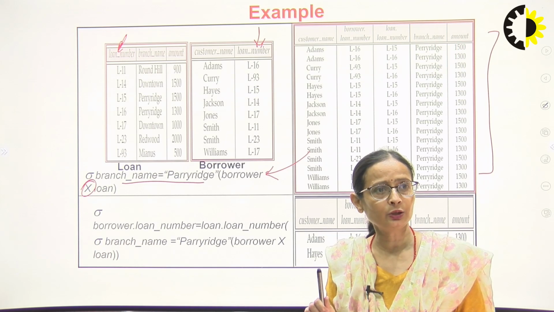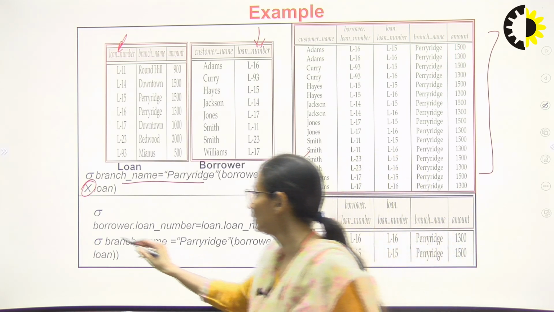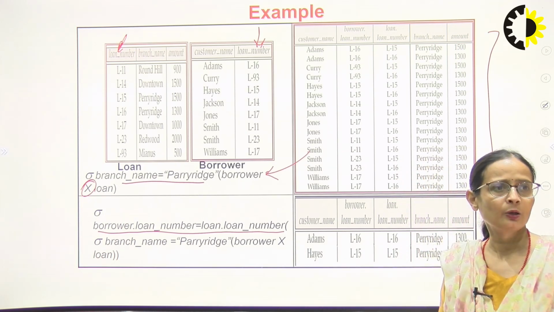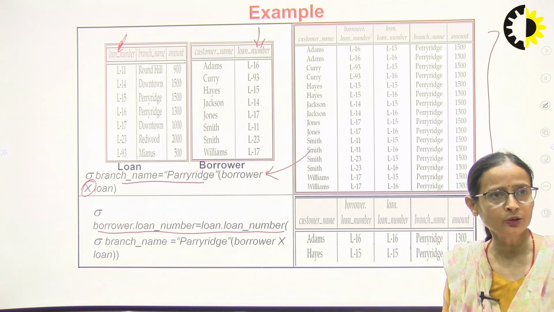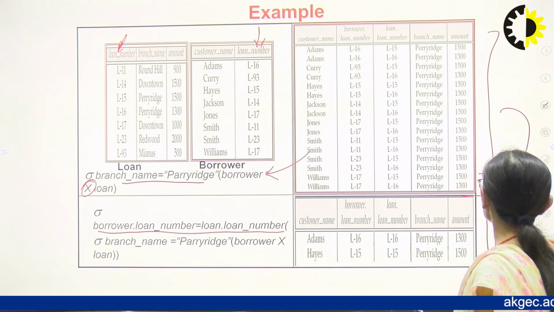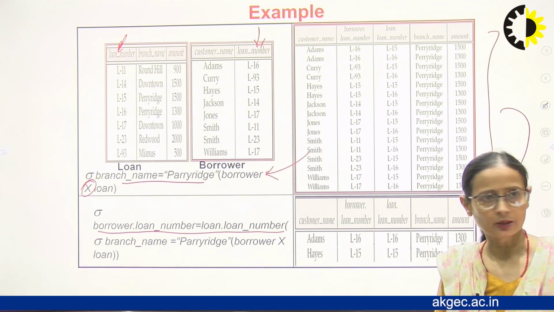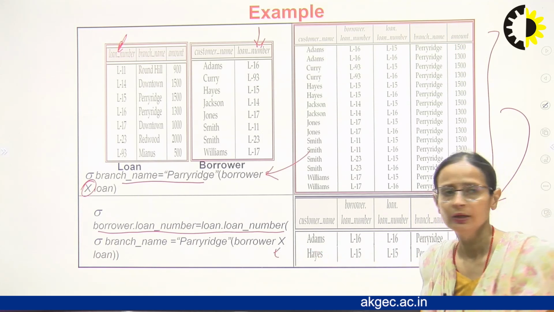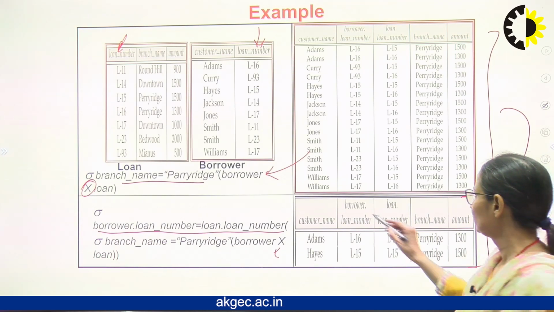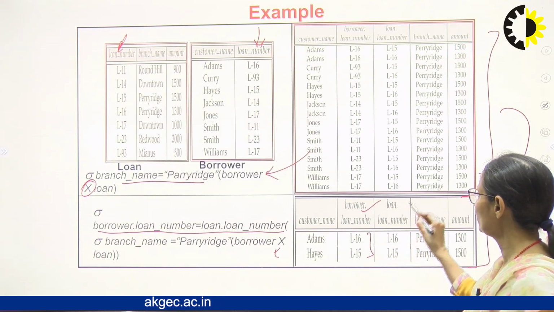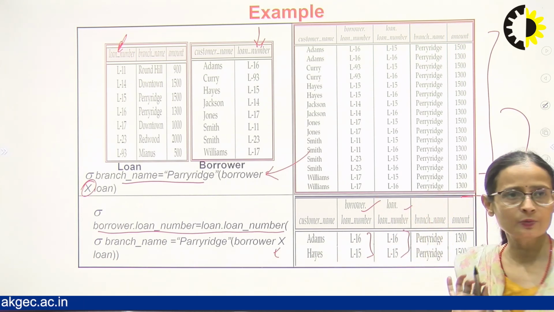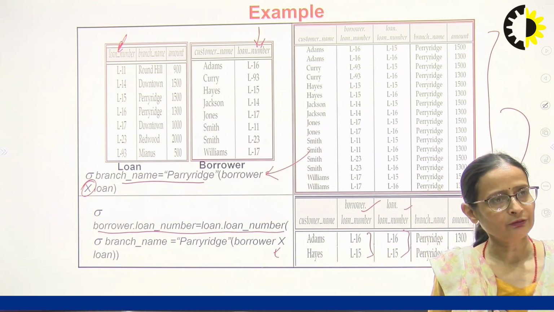So what do we need to do? We need this particular predicate, that is borrower dot loan number is equal to loan dot loan number. So it will give this. Now this is the output after running this particular relational algebra query. If you look here, the borrower dot loan number is equal to loan dot loan number, and the rest of them have been excluded from our final result.